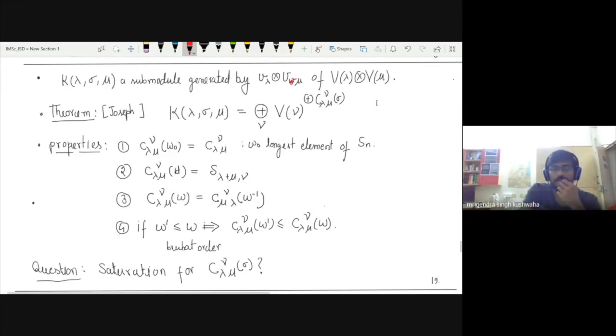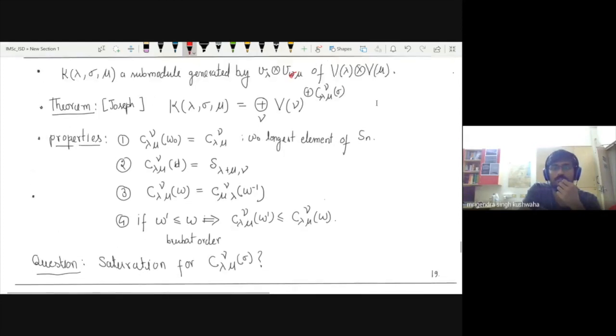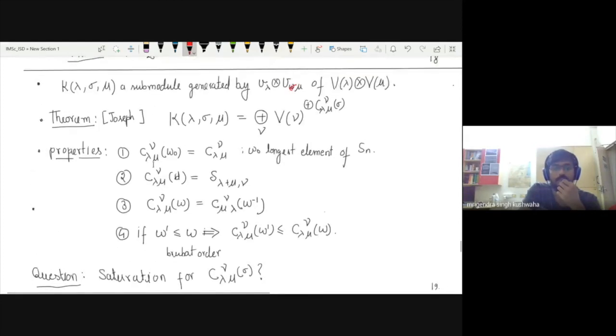Here are some quick properties of the refined Littlewood-Richardson coefficient. If you take sigma equal to omega naught, the longest element of Sn, that will match the Littlewood-Richardson coefficient. And if you take the identity, it will be either 0 or 1: if lambda plus mu equals nu, then it will be 1, otherwise it will be 0. And here is one more thing. In the Littlewood-Richardson coefficient, as you probably know, if you switch lambda and mu, it is the same.